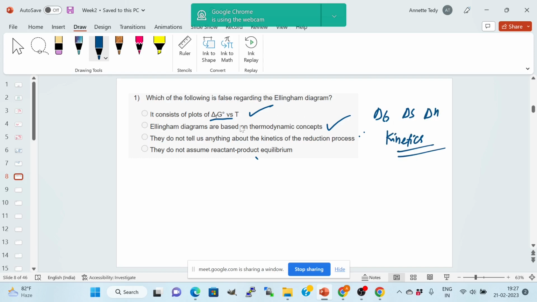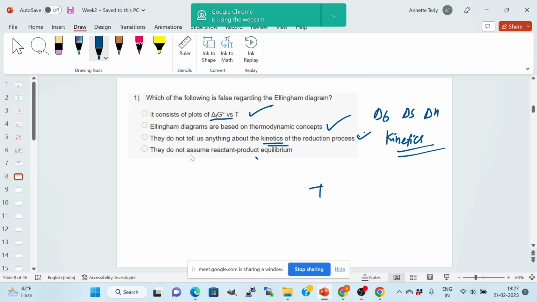Since the Ellingham diagram is based on thermodynamic concepts, it does not give any idea about the kinetics of the reduction process. Even though we have temperature, from temperature we cannot just say this reaction will happen this fast. That cannot be said from the Ellingham diagram. So this is also right. It means that the Ellingham diagram does not tell anything about the kinetics of the reduction process.